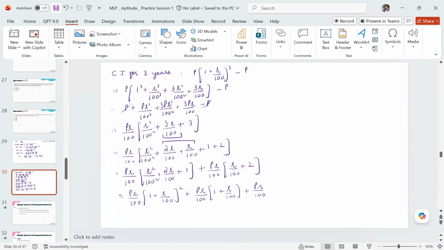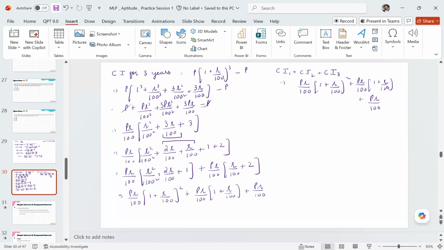Everybody? Okay. Now what will I do? I'll just quickly put values. I know CI for 3 years will be equal to CI1 plus CI2 plus CI3, तीनों years का होगा, है ना? This equals PR upon 100 (1 plus R upon 100) whole square plus PR upon 100 (1 plus R upon 100) plus PR upon 100. है ना?